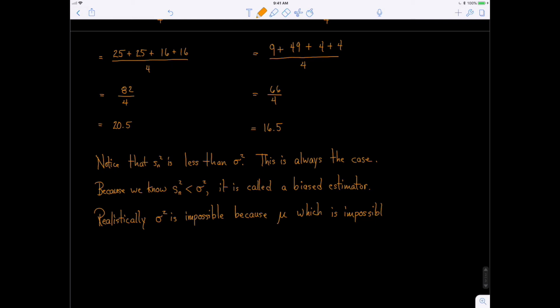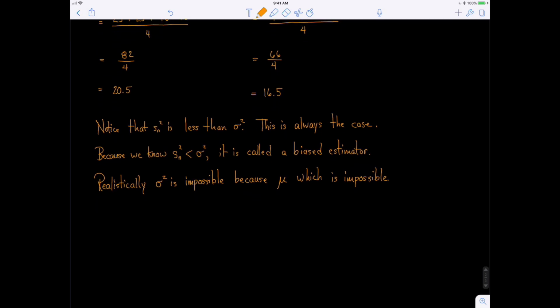But in the end, it's mostly a construct. So because of that, calculating sigma squared is really difficult. So since it's so difficult to do, we make a correction. We make a correction using what we do know. And what we do know is we know x bar. That we know for sure.